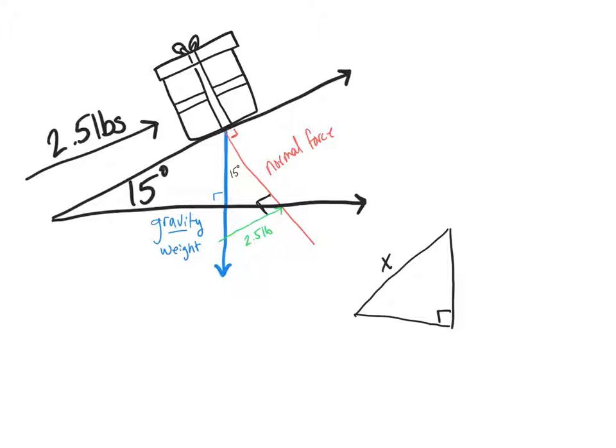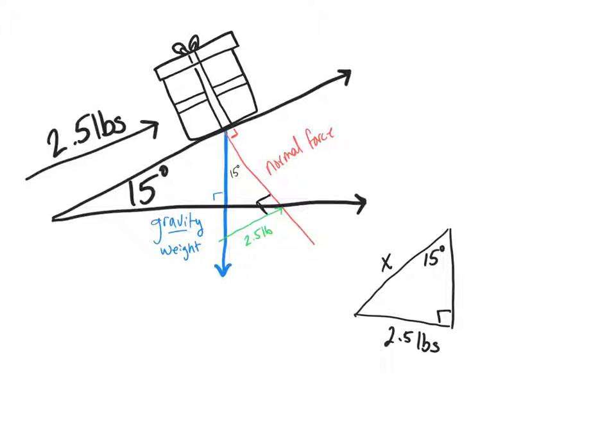We do know that they also told us the angle at the top here. So really what I've done is just leveled out my triangle. It's not perfect, but I'm going to put that angle right up in there. That's going to be 15 degrees. And the other force we have is the 2.5 pounds of force.